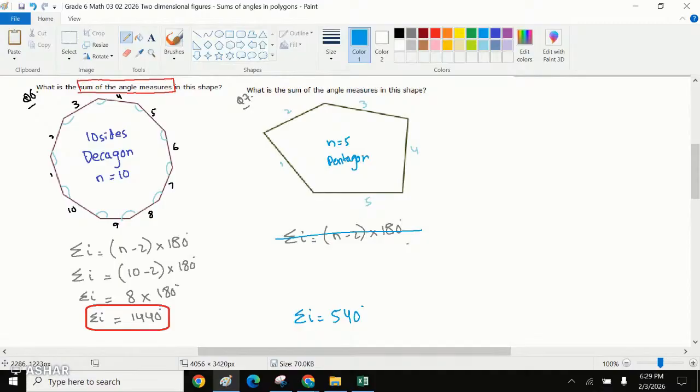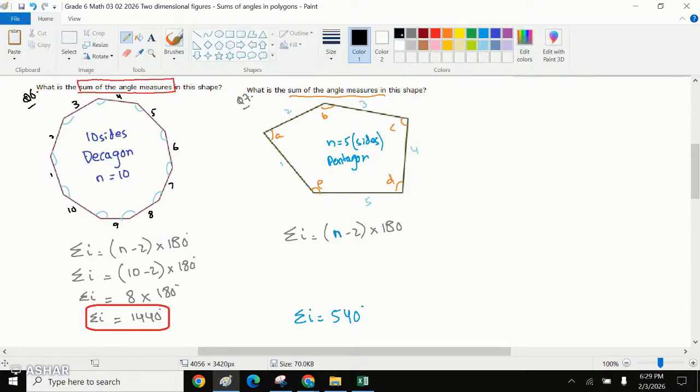Why? Because what we are trying to find is the sum of the 5 angles. Angle A plus angle B plus C plus D plus E, right? If we need to find the sum of these 5 angles, we have a formula. And the formula is n minus 2 into 180, right? n is the number of sides, 5 sides.